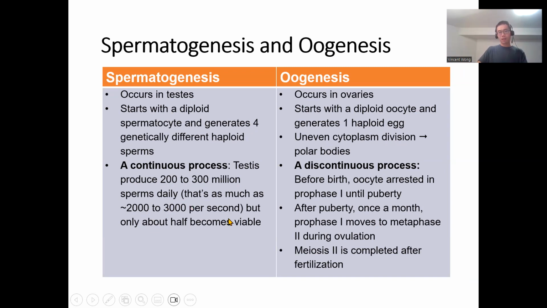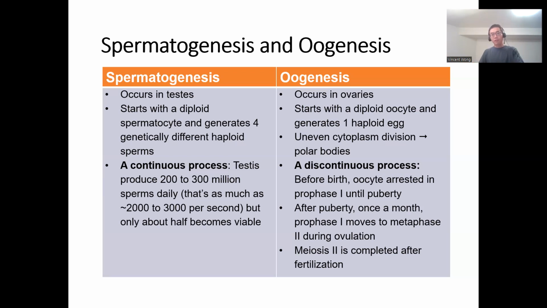It doesn't stop, but only about half is going to be viable. Still, that's a lot. And this process continues into old age. Like you hear in the news, sometimes celebrities can have kids when they're in their 80s or something like that. It's ridiculous.